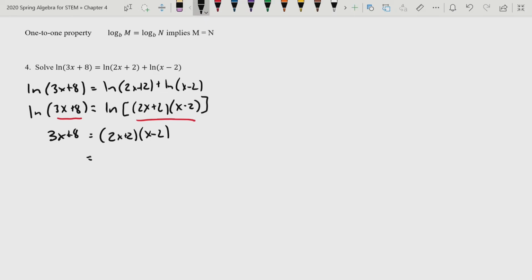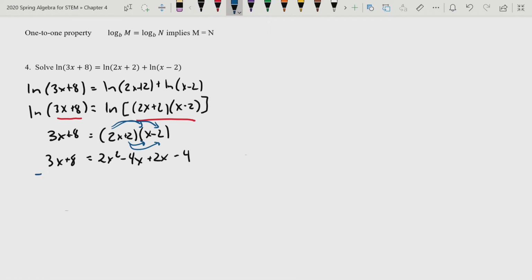Here we have 2x times x is 2x squared. 2x times negative 2 is negative 4x. 2 times x is a plus 2x. 2 times negative 2 is a minus 4.